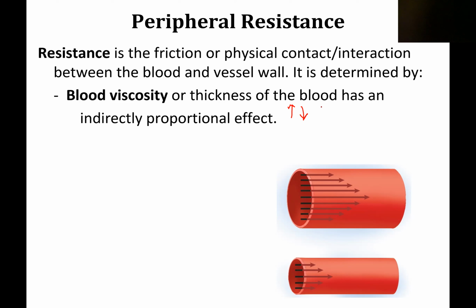If blood viscosity is low, then the resistance is high. And this is kind of counterintuitive. The thicker the blood, the more resistance. The thinner the blood, the less resistance. Or the thinner the blood, the more resistance.